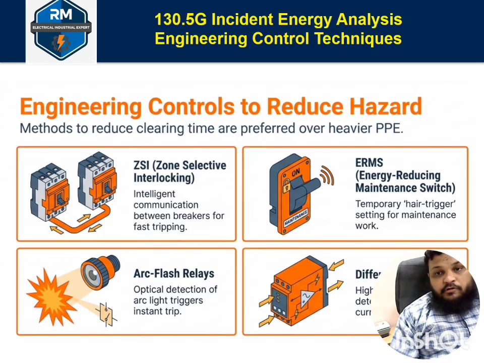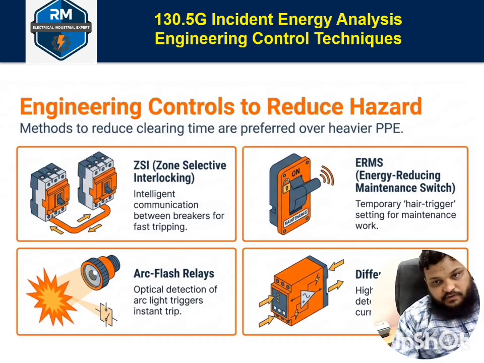Number one is zone selective interlocking. There is intelligent communication between breakers for fast tripping. When there is a fault or an arc flash or huge incident energy arises, it trips the system faster than the conventional system through zone selective interlocking.